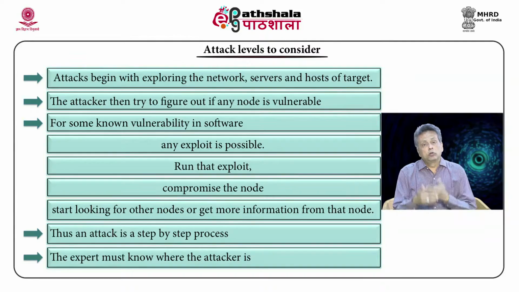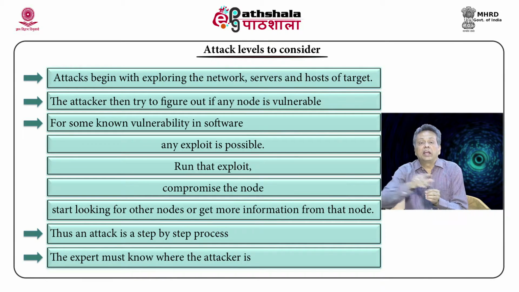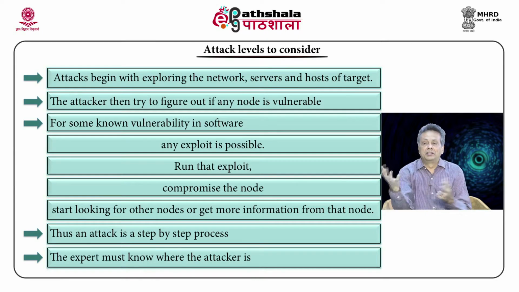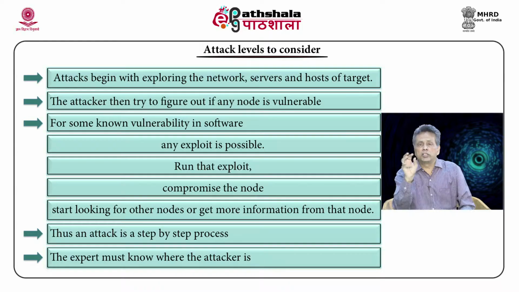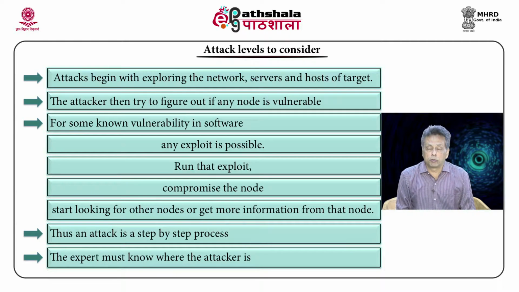The attacker also looks at what the level of the attack is. In most cases the attacker begins by just checking what is where, probing and learning about the network. No real harm is done yet. In the next stage he finds some potential victims, some nodes which could be compromised.